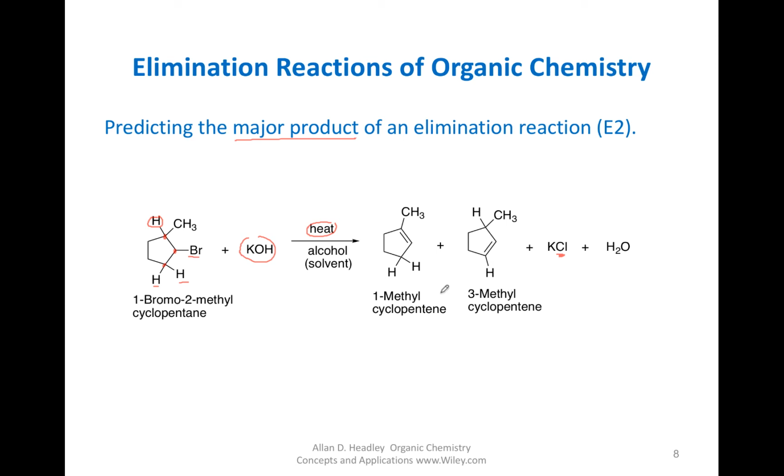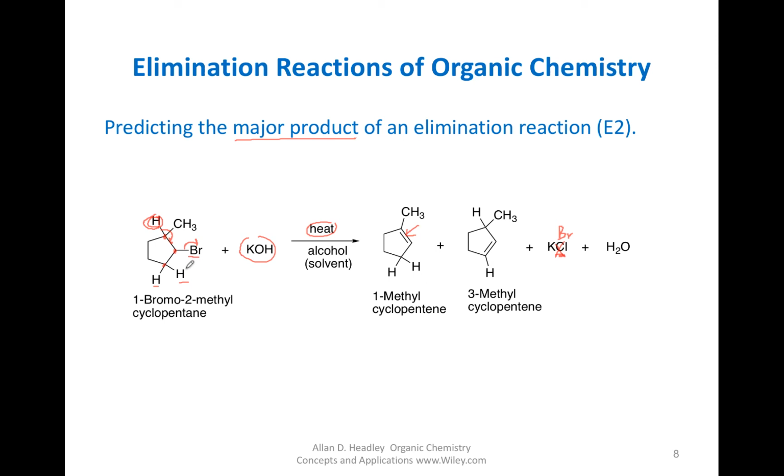So what happens here is KOH will take off this hydrogen as a proton. These electrons swing in, and this leaves to give Br. Let me correct this. I'll correct it on the PowerPoints which I gave to you. So this would be this double bond here.